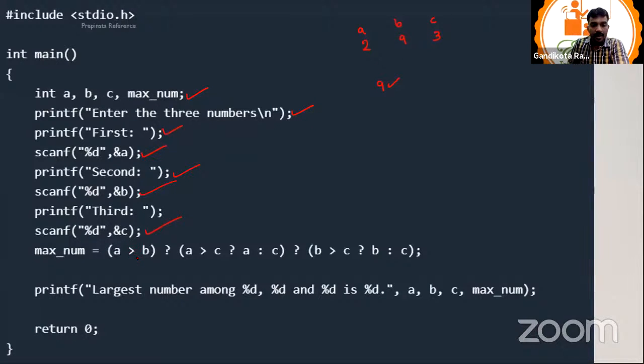So A greater than B means 2 greater than 9.